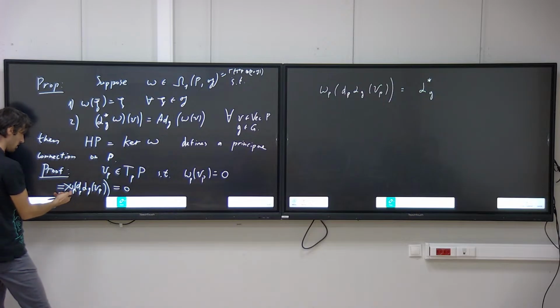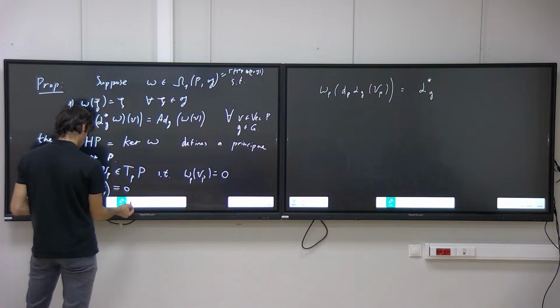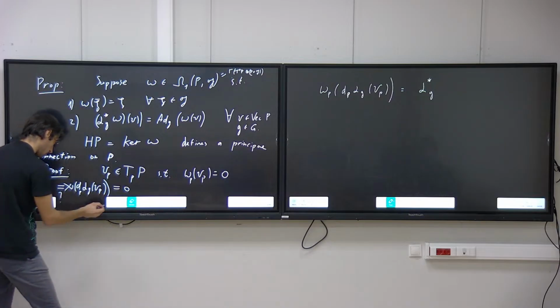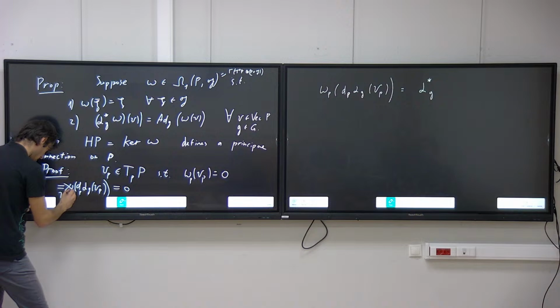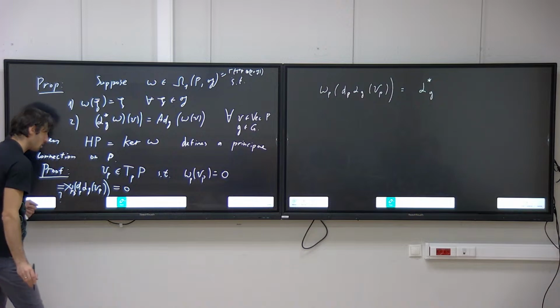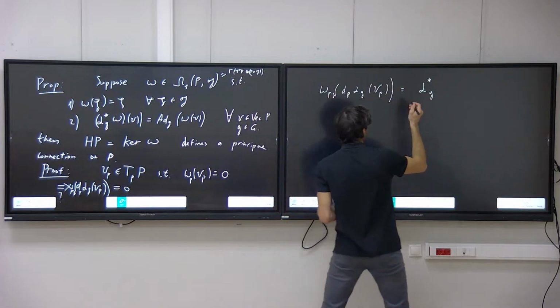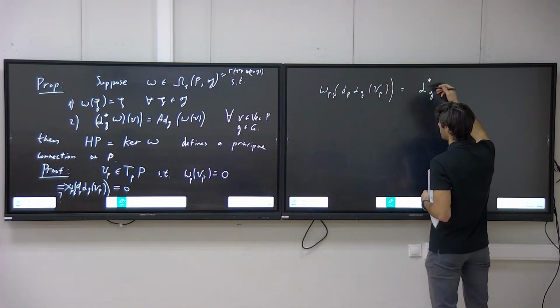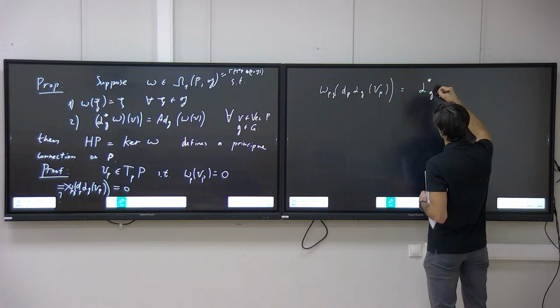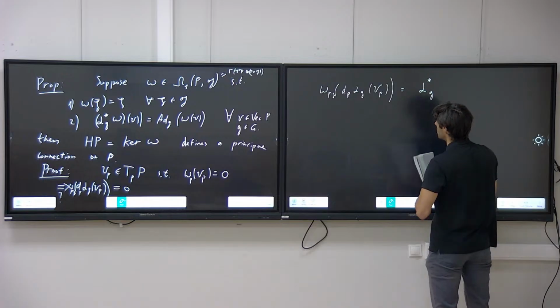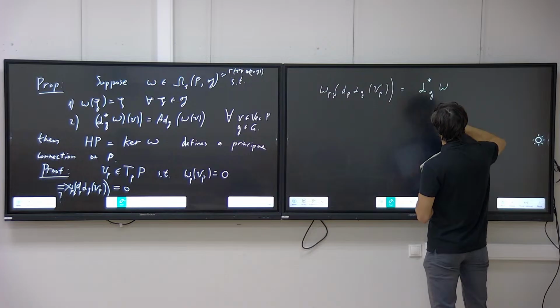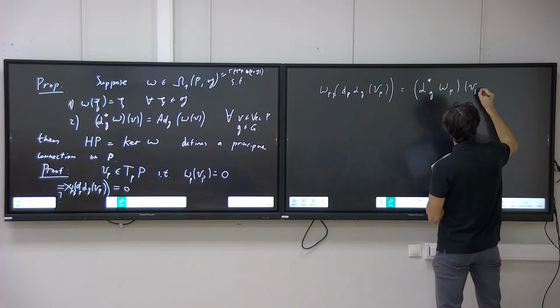So I need to apply alpha also to here, right? Anyways, I need to apply the pullback with respect to G to omega, and then compute this at VP.